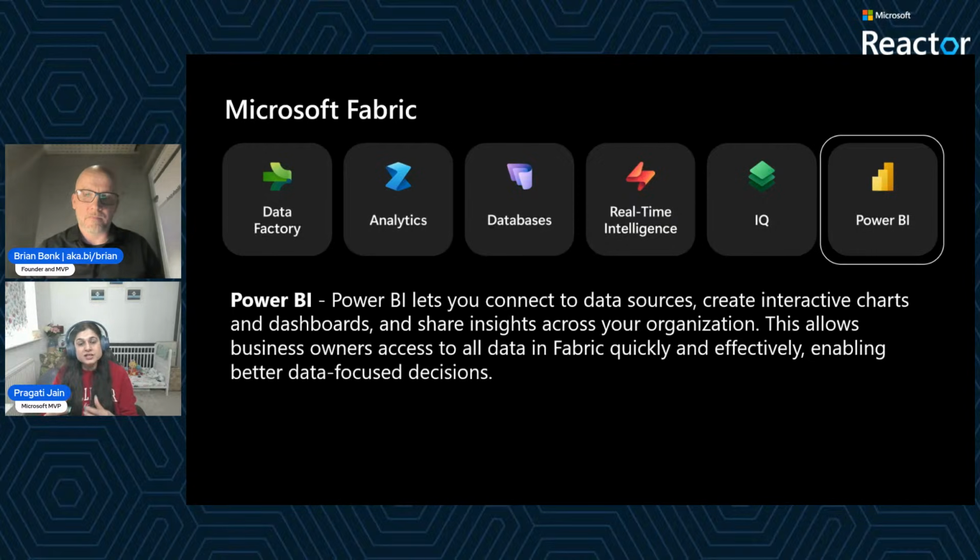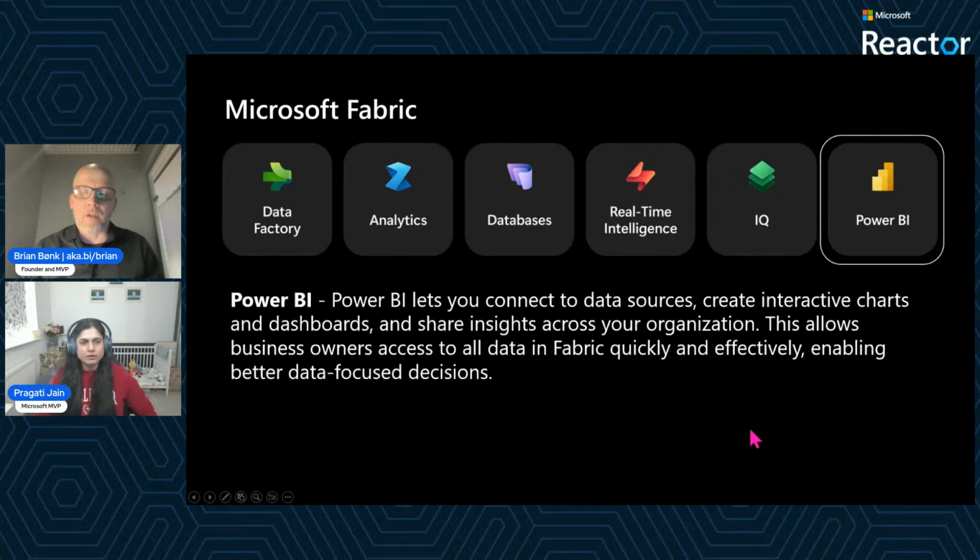So it works pretty well when multiple people are doing the same thing parallelly, because everything is on that single OneLake, which is the foundation of Fabric. That's where Power BI can help you. It allows you to take better decisions, enabling sharing your insights very quickly and effectively with the organization.